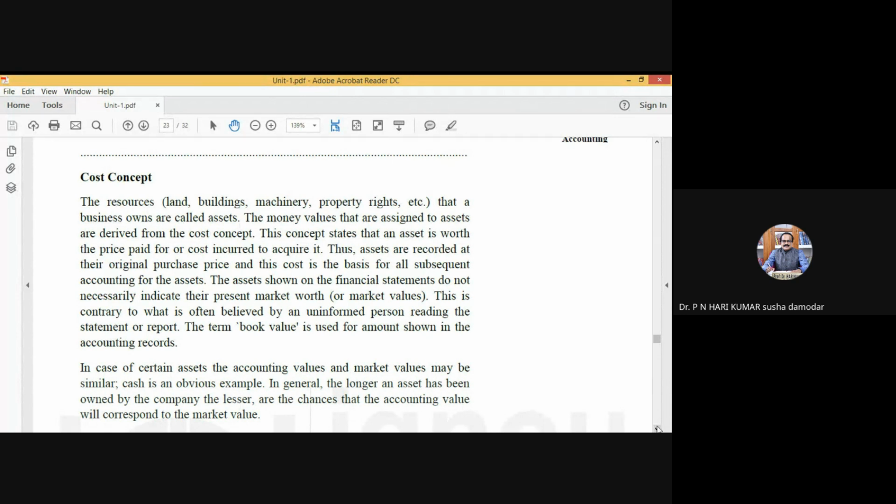This is another form of accounting, cost accounting, which clearly indicates the cost incurred for producing a particular product. So the cost incurred shall be recorded, summarized, and classified. The cost sheet clearly indicates the total cost of a product for its manufacture.